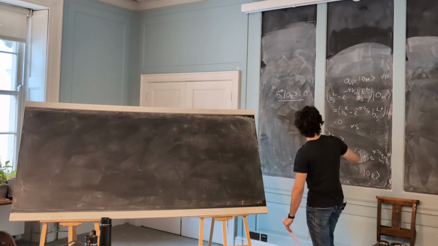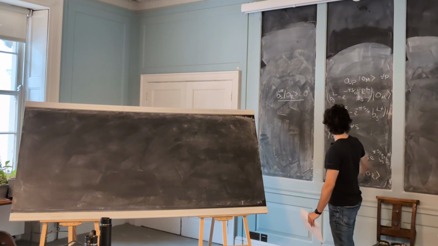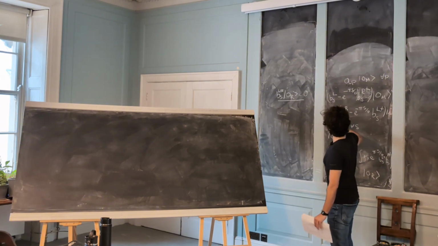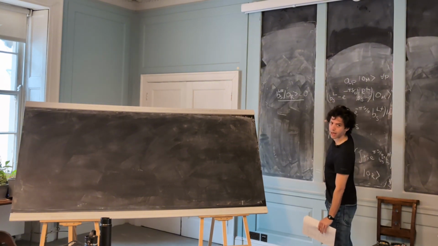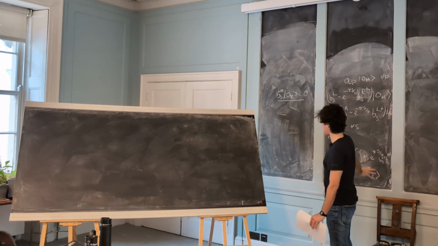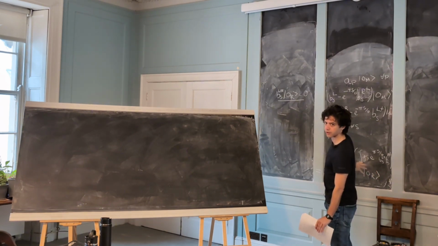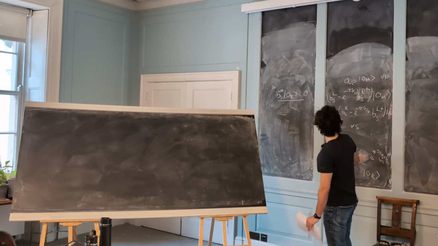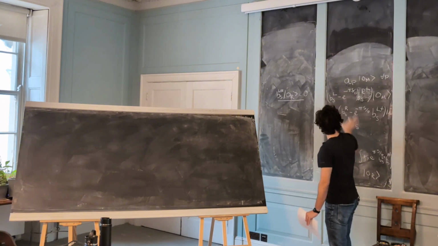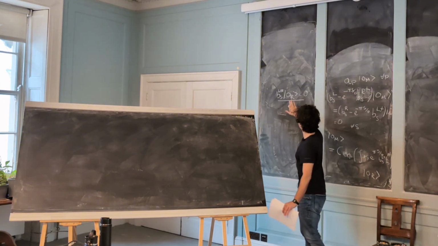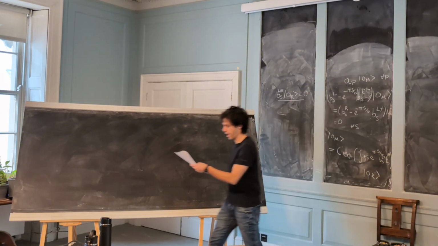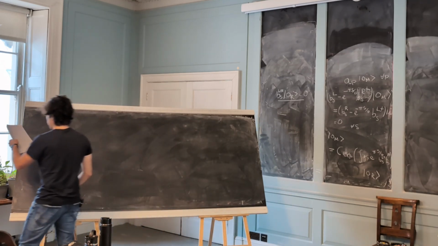What you want to check is, given this, that acting with these combinations of b's and b daggers kills this state, right? Because that's the definition of the Minkowski vacuum. And you can just check by acting on this state and using this relation and the Baker-Campbell-Hausdorff formula. You guys remember what that is?